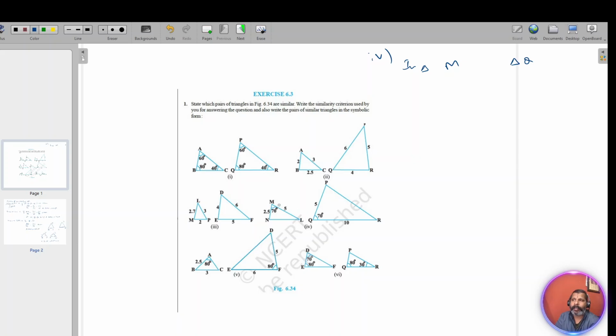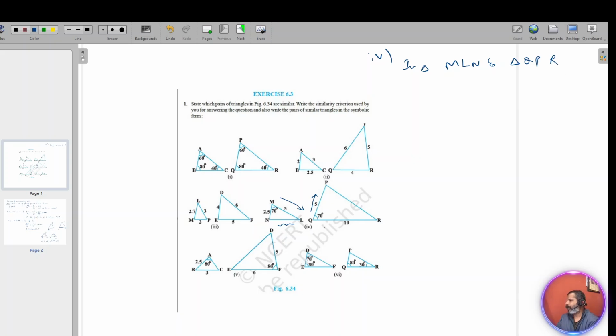How should I pick the other letter? If I move this way, ML is 5, I'm moving to the side where no value is there. So I cannot take PQ here. Though it is 5, I cannot take PQ because I'm moving towards the side that has the value. So I should say QP. M corresponds to Q, L corresponds to P. Then the third letter is easy: MLN and QPR.